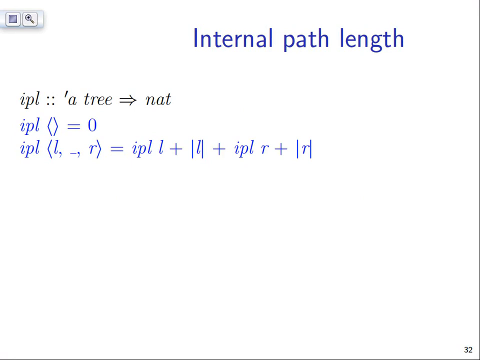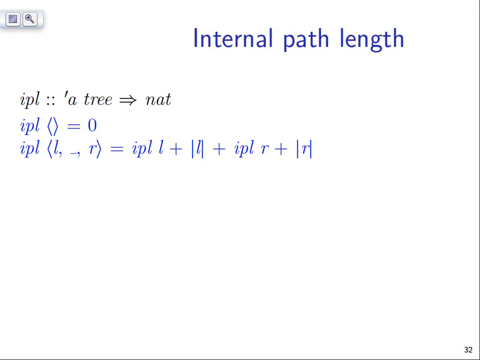And so IPL of T is therefore the IPL of T prime plus IPL of this one, but that's 0. Plus the size of T prime plus 0 plus the size of, well, that's also 0.